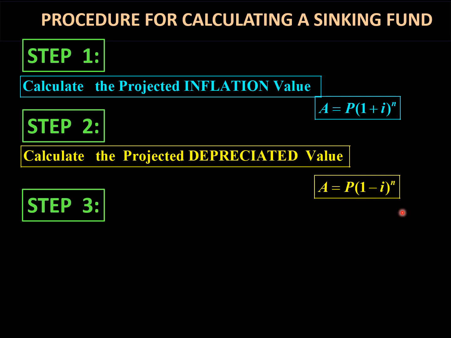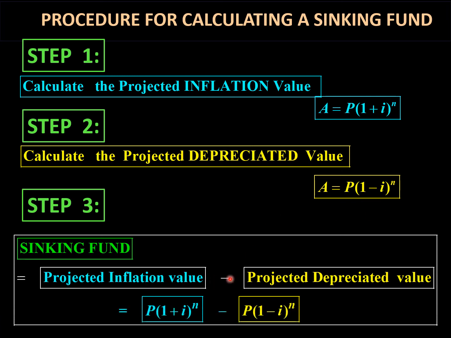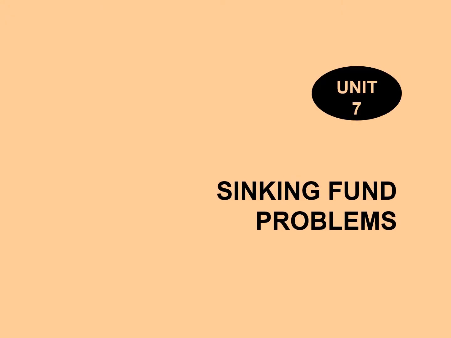Then to find the sinking fund, it's the difference between those two values: the projected inflation value minus the projected depreciated value, the compound growth minus the reducing balance depreciation value. That's the procedure we'll follow for working out a sinking fund. Sometimes you are asked to work it out step by step, or sometimes you can be asked just to calculate the sinking fund. Then you have to know that you use these two procedures. Now let's apply the concepts to doing some sinking fund problems.